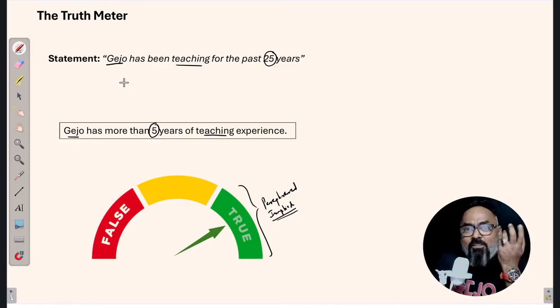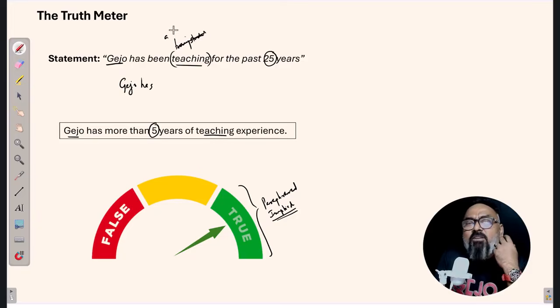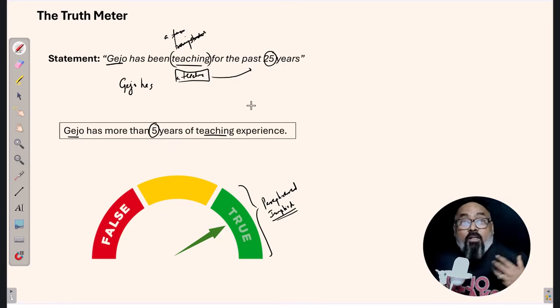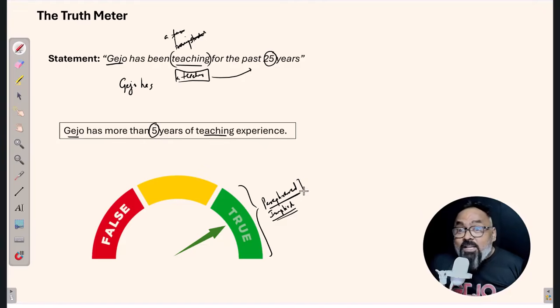For example, instead of teaching, we could say training students, or Gejo has been a faculty, or Gejo has been a teacher for the past 25 years. That could still be a true statement. It has just been paraphrased.